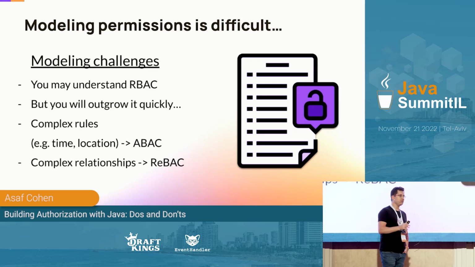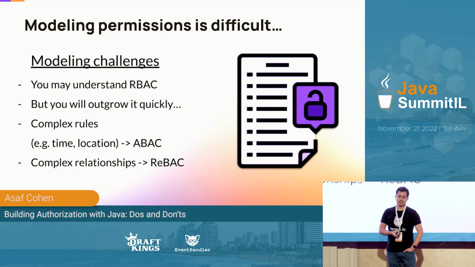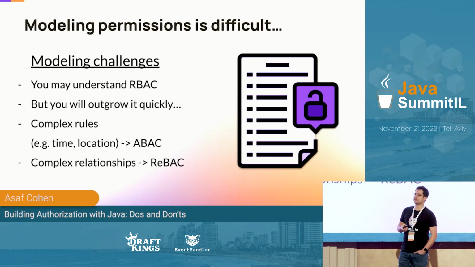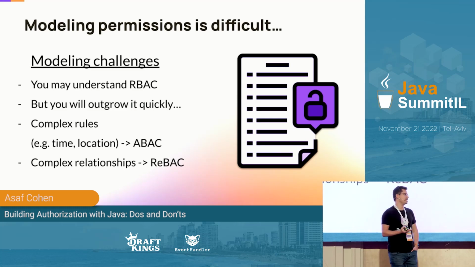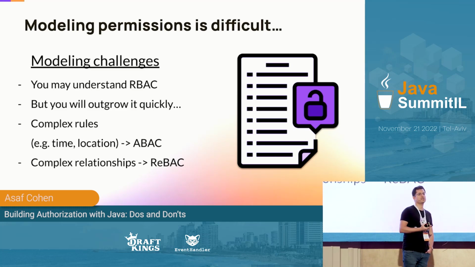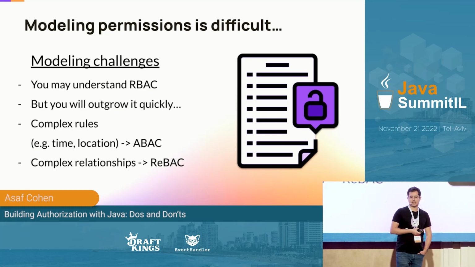but your application will grow quickly. Hopefully, you will have more users, more demands along the way, and you'll have to build more complex systems, okay? So if you want to enforce access based on if the user is paying or based on ownership, if I'm the owner of the document, I want to enforce access.